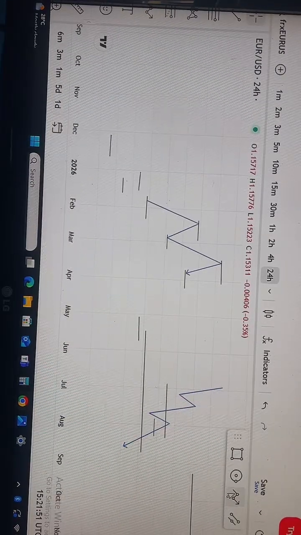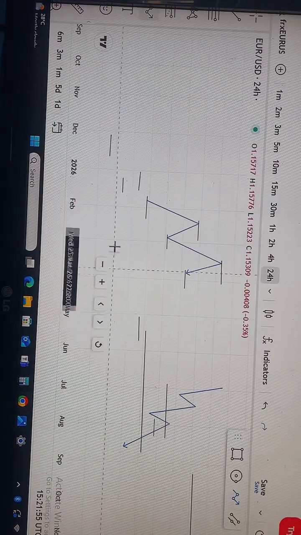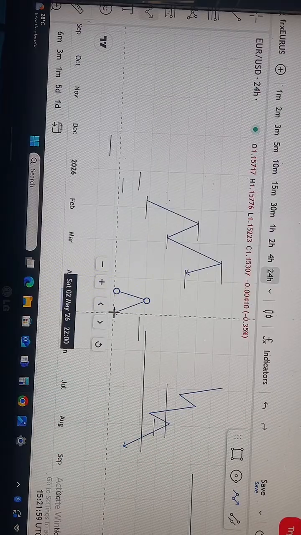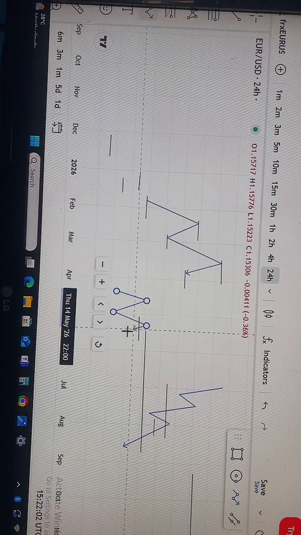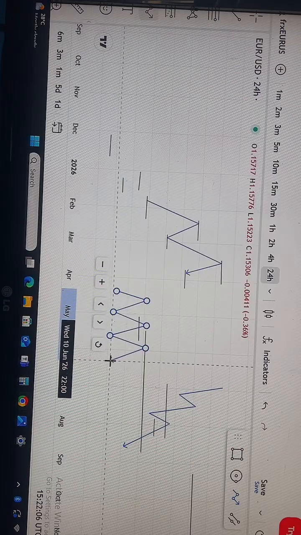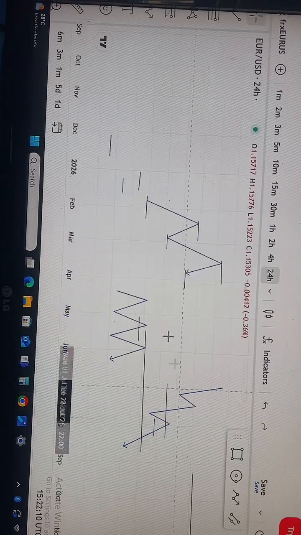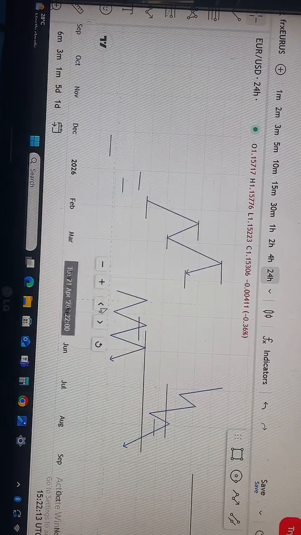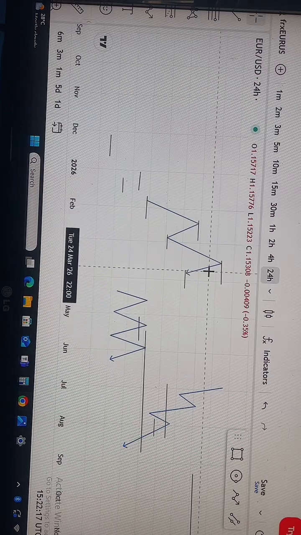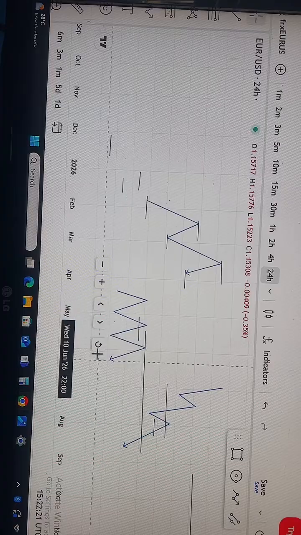While lastly, we have the consolidation phase, where both the buyers and sellers are given equal rights. We call it a consolidation phase or a ranging market, where we have equal highs and relatively equal lows. So this is a bullish phase, a bearish phase, and a ranging or consolidation market.